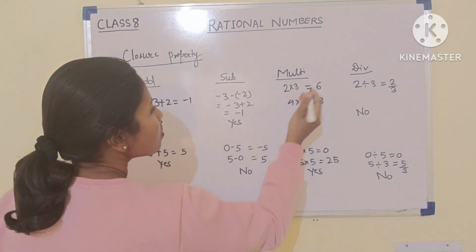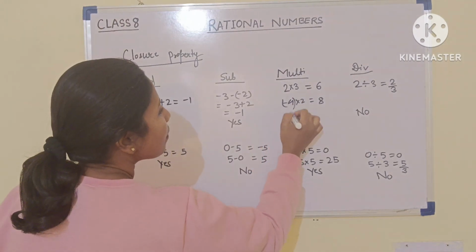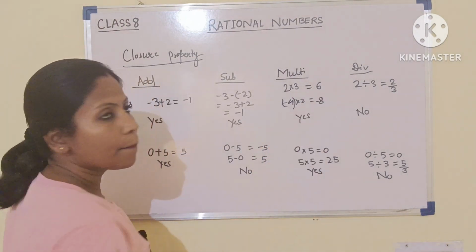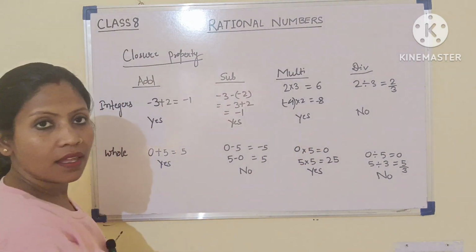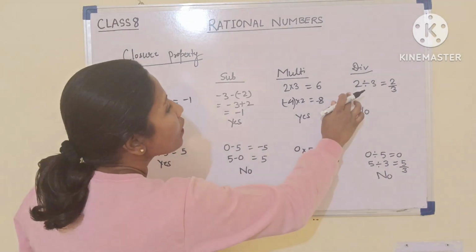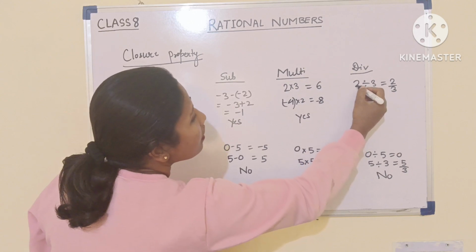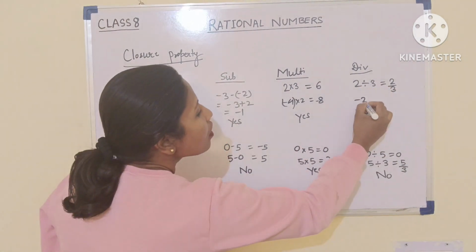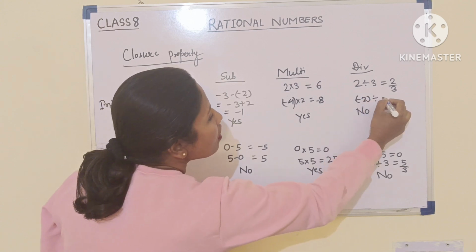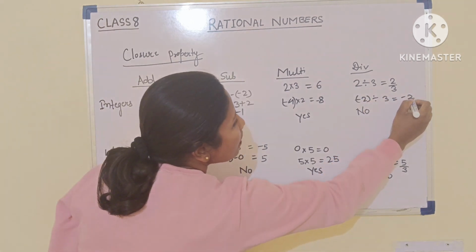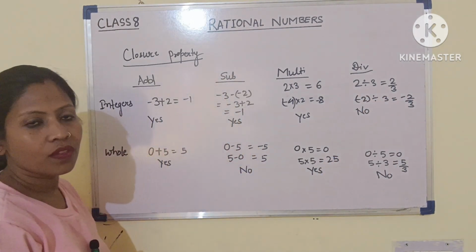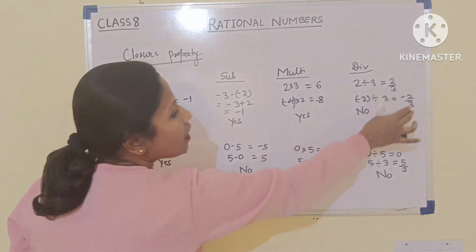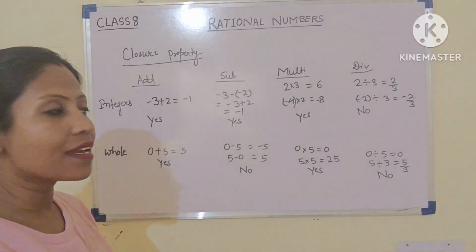Now multiplication. We have taken 2 into 3. Let's take minus 4 into 2. It's minus 8. So again it's an integer, right? Now let's take division, like minus 2 divided by 3. Both are integers. Minus 2 divided by 3 is minus 2 by 3. So this is finally giving a rational number, not an integer.